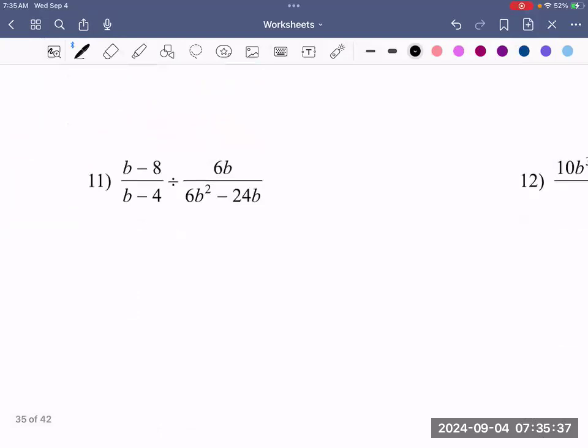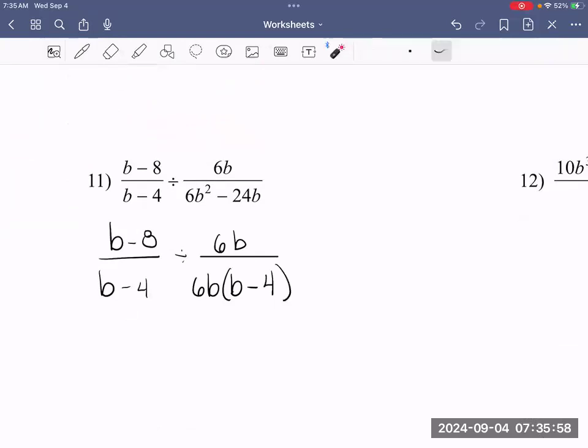I'm going to try it again here. B minus 8 over B minus 4 divided by 6B over. They both have a 6 in common and a B, leaving behind a B minus, let's see, 4. And if you don't know how I'm factoring, please go back and see some of those factoring videos.